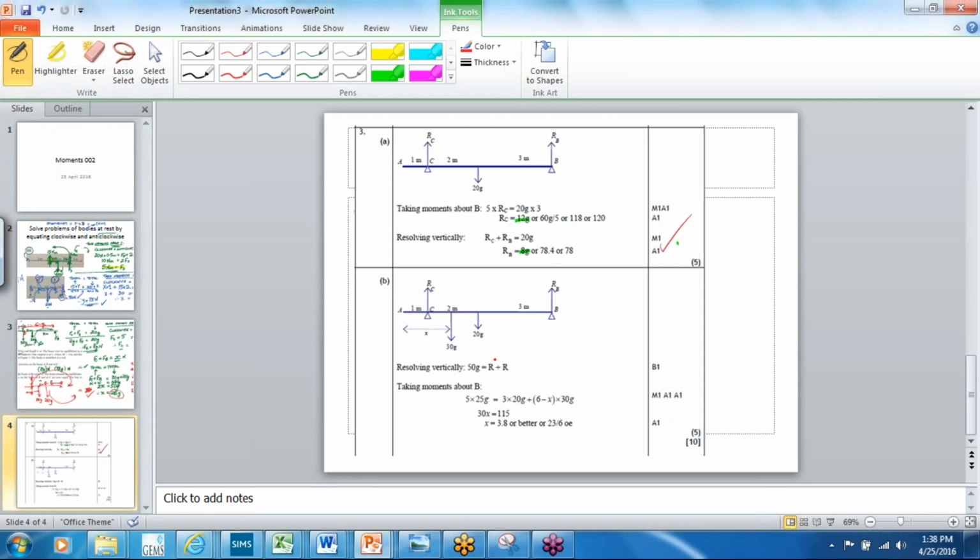And we've got 25G, which they've called R, 25G and 25G, because total up equals total down. And then 3.8, and we said 3.83. So it's okay. I don't think they're going to worry so much about their marking scheme saying 3.8.